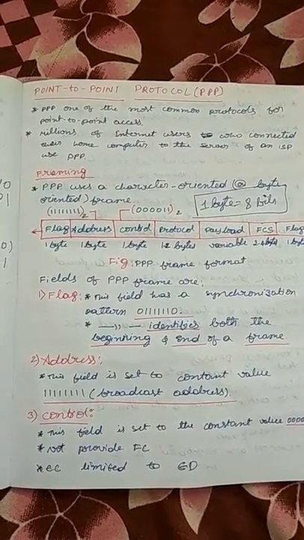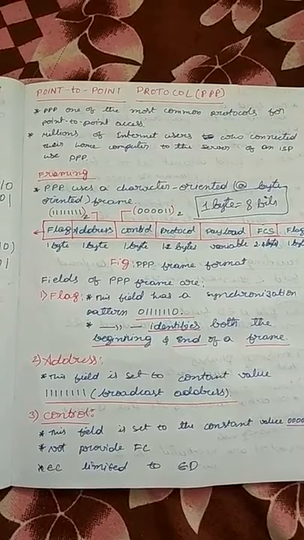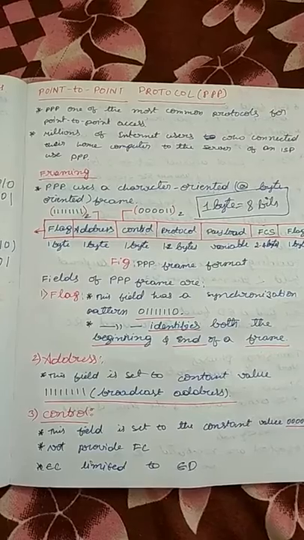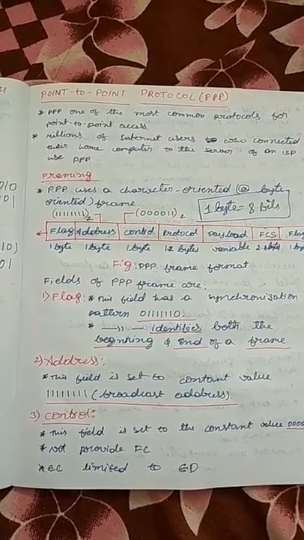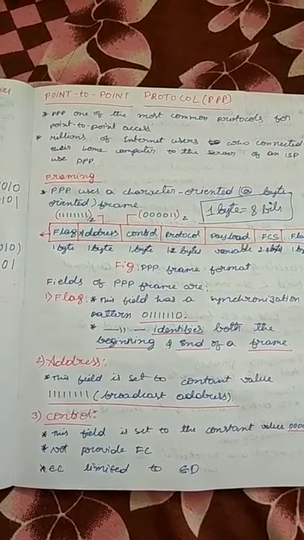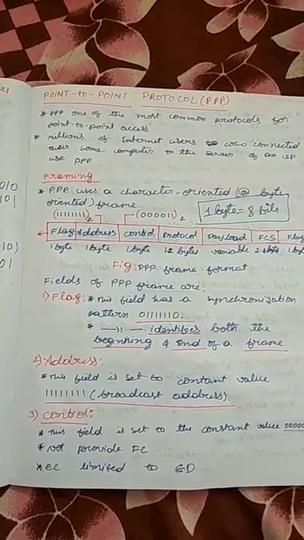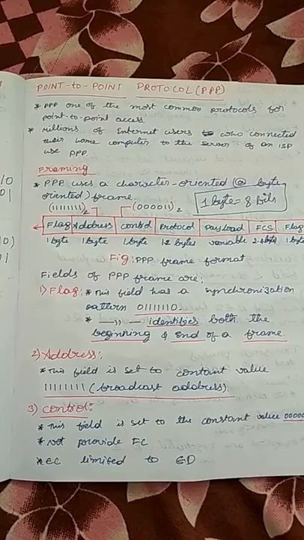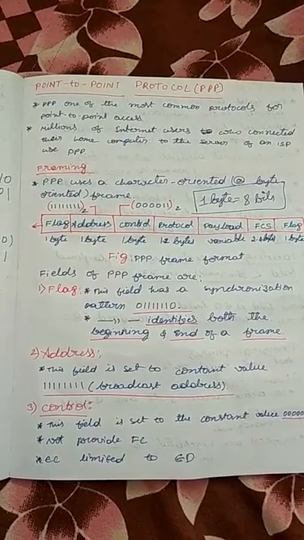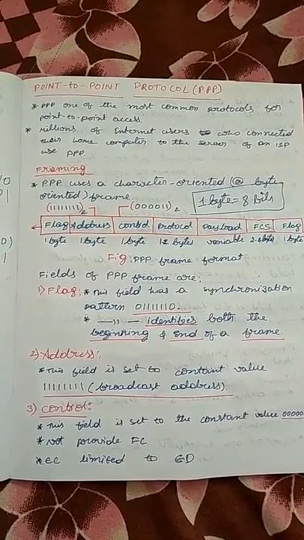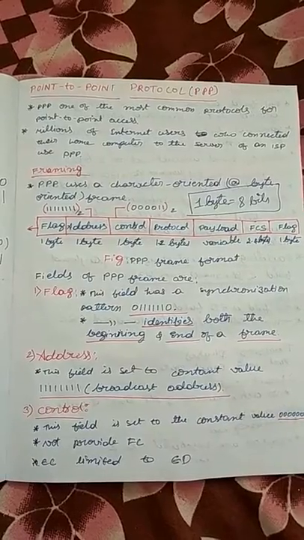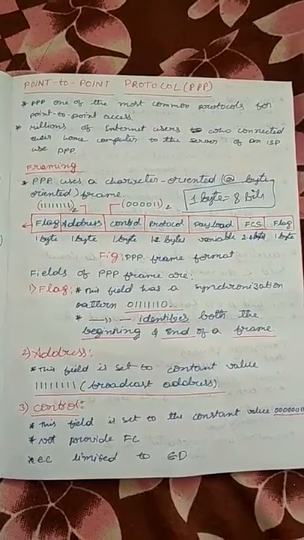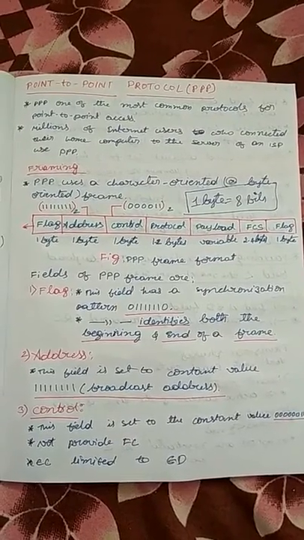Many users using the internet through their own computers are connected to the servers of an Internet Service Provider through PPP, which means to connect to the internet they are using the Point to Point Protocol only.